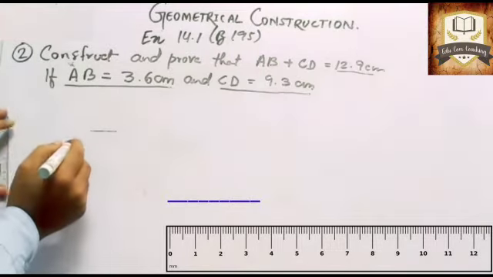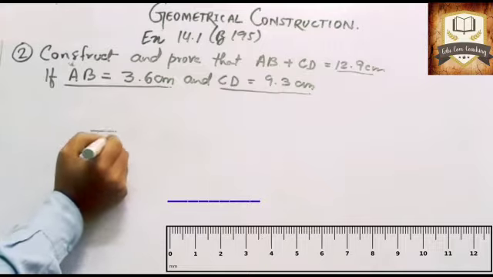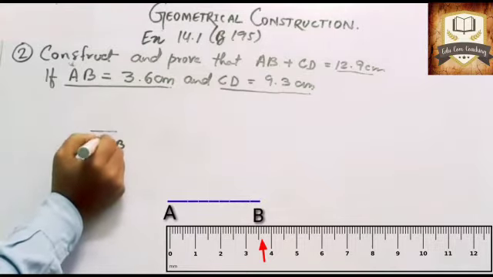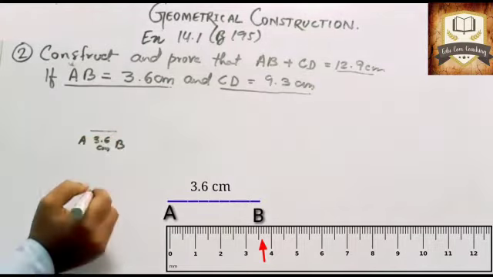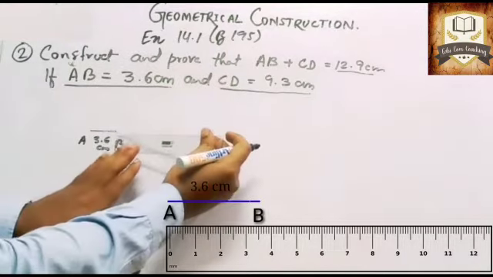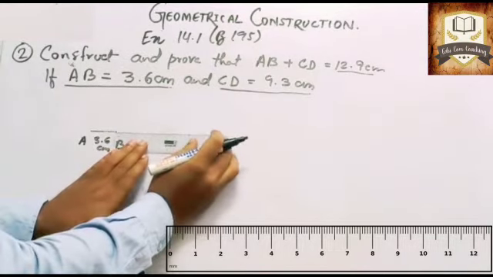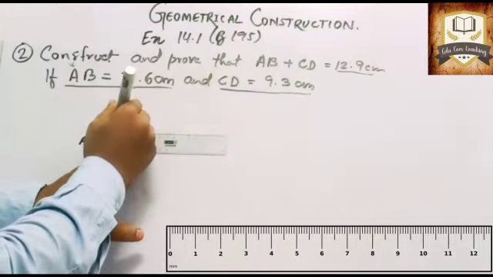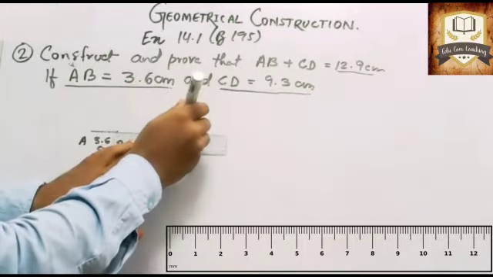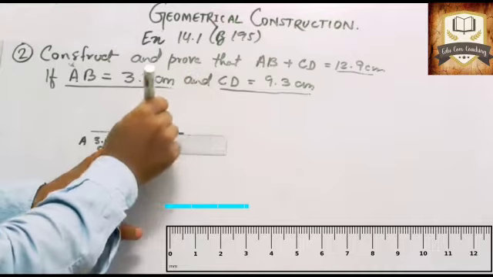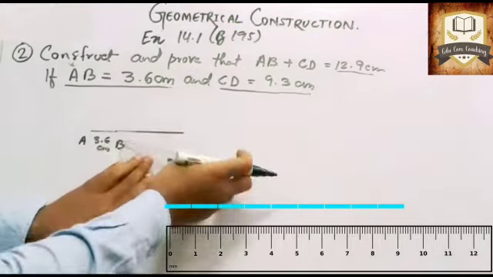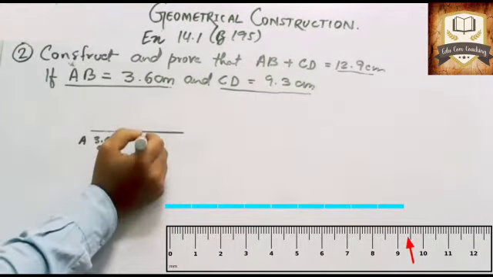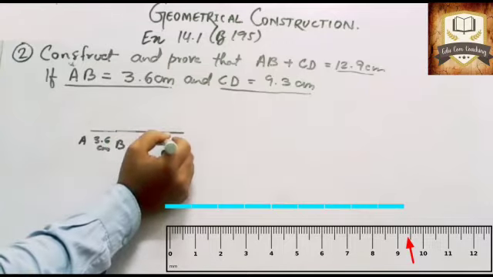This is 3.6 cm, A, B and 3.6 cm. Okay, now CD. This is 9.3. Here is a 1 and here is 9.3. So this is how you have to draw the line segment of 9.3 cm.